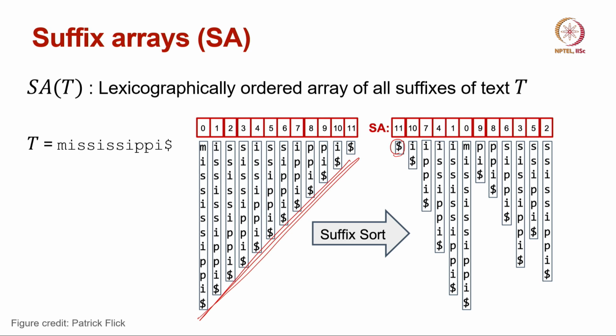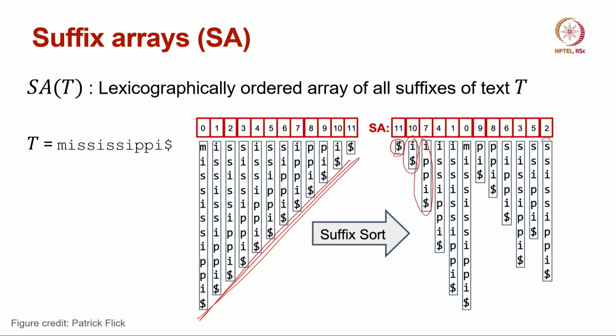The next smaller suffix is i dollar. The next lexicographically smaller suffix in this text is ippi dollar, and so on. And finally, the last suffix in this ordering will be ssissippi dollar, because s is a lexicographically bigger character.